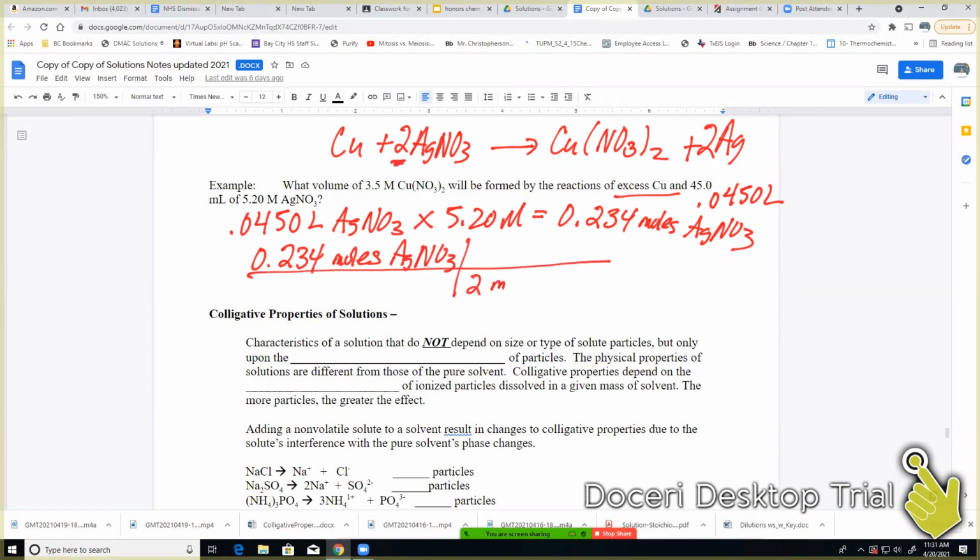For every 2 moles of silver nitrate, I have 1 mole of copper nitrate. So that means that I have 0.117, whoops, let's try that again, 0.117 moles of copper nitrate.